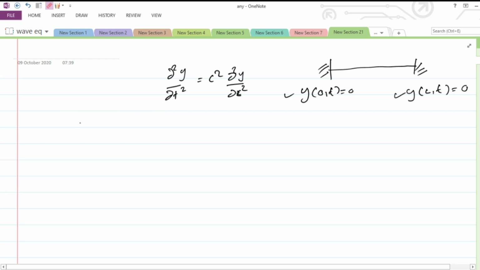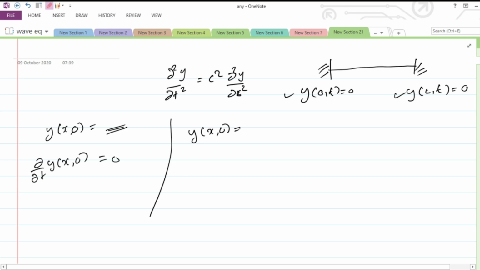One is where we are given the initial displacement as some function and initial velocity dou by dou t of y of (x, 0) equal to 0. Another case is where we are provided with y of (x, 0), the initial displacement, as 0 and the initial velocity dou by dou t of y of (x, 0) equal to some function.